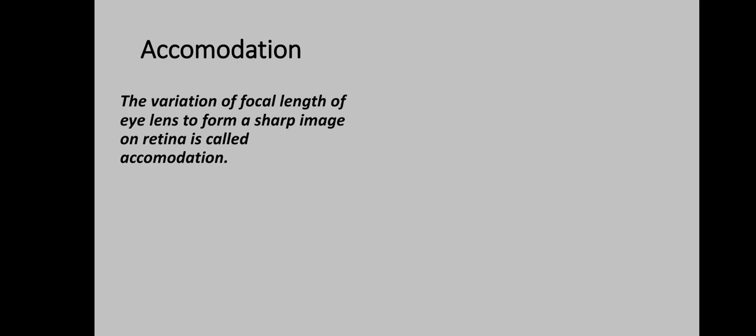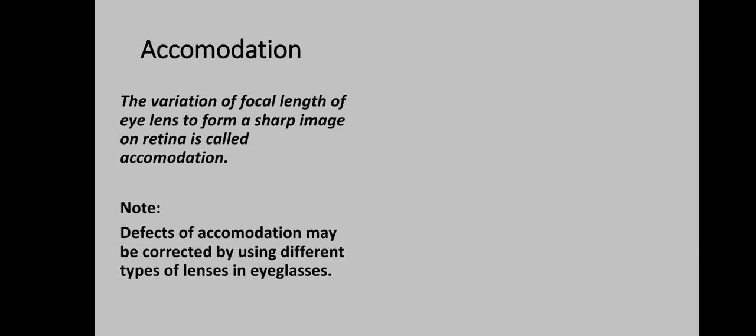So to see the objects located at different positions, our eye has to accommodate. Our eye lens has to change its focal length according to the location of the object to form a sharp image on the retina. That process is called accommodation.